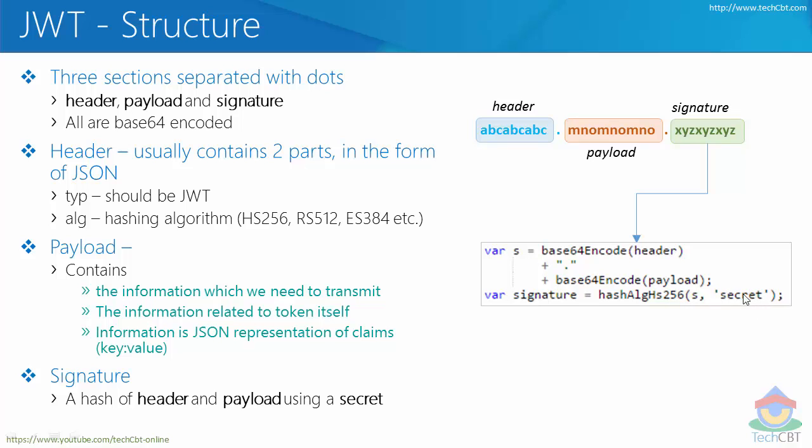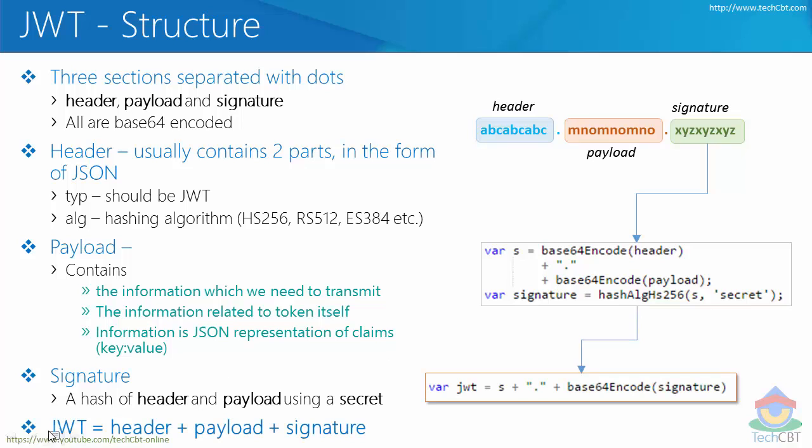You can provide any password here, and the result of that hash is nothing but the signature. So the signature is the hashed result of this entire part along with your own password. As it is hashed, it is only one way and can never be decrypted in general.